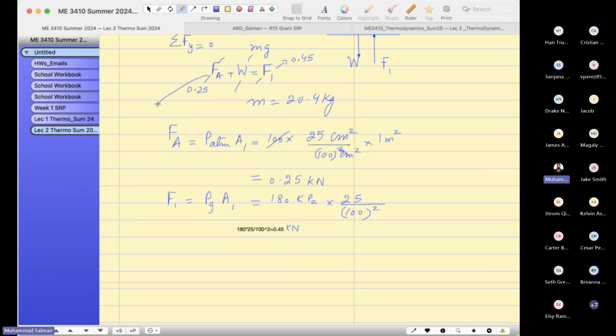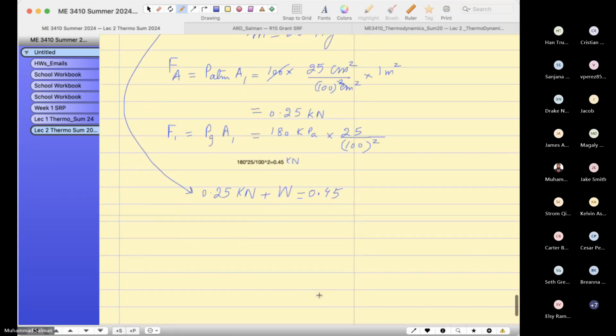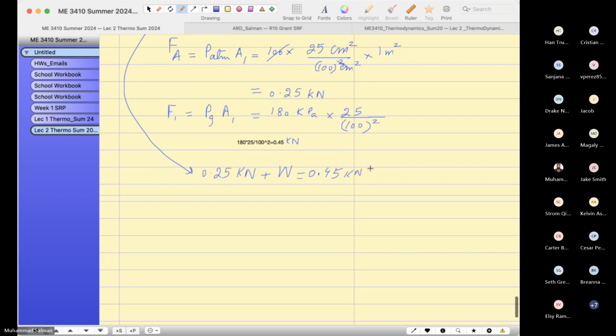So if I write down the same equation, 0.25 kilonewtons plus W equals 0.45. W would be equal to 0.2 kilonewtons.